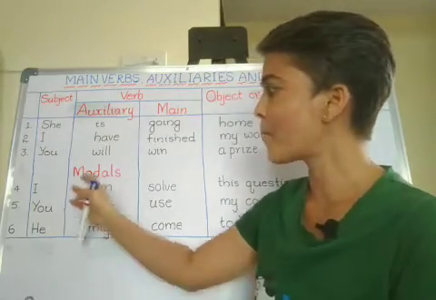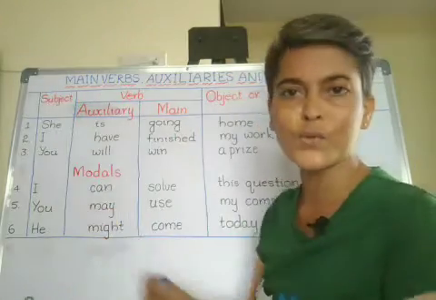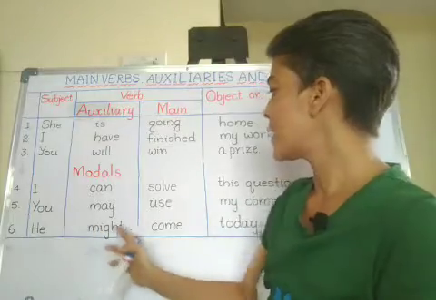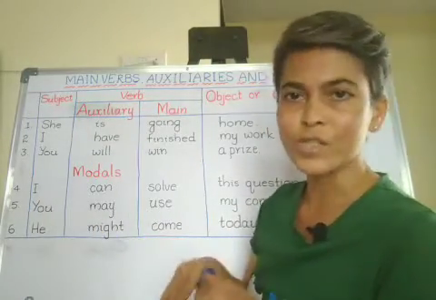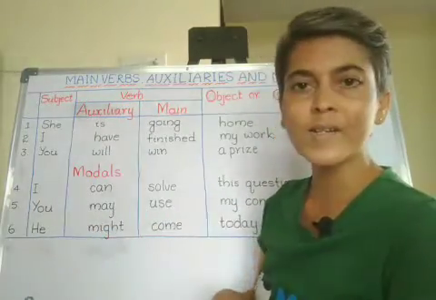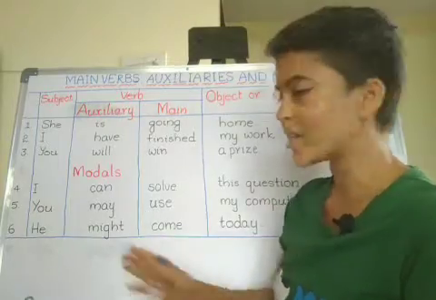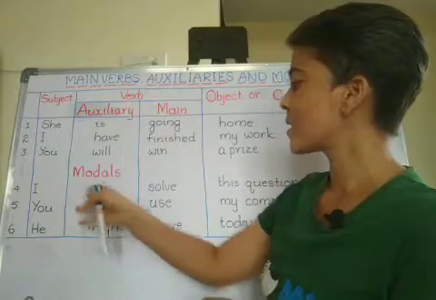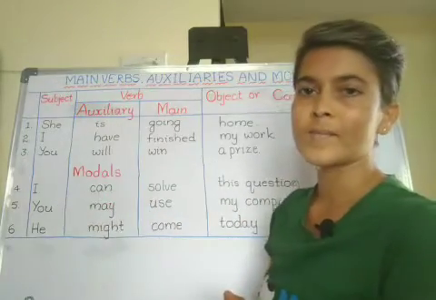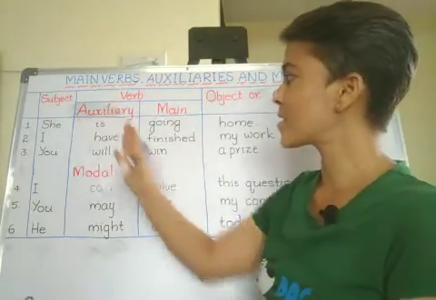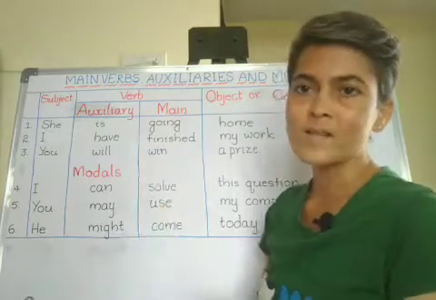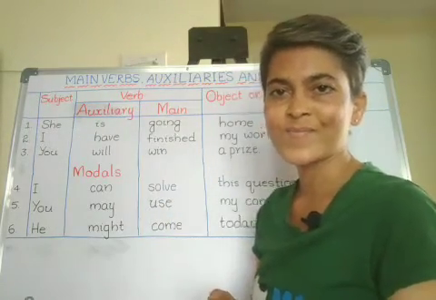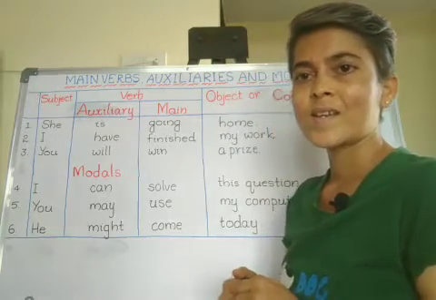So may, modal, auxiliary we can use for permission. He might come today. Possibility. So might is modal. So here are some auxiliaries, some modals. I think it's clear to you. Okay.